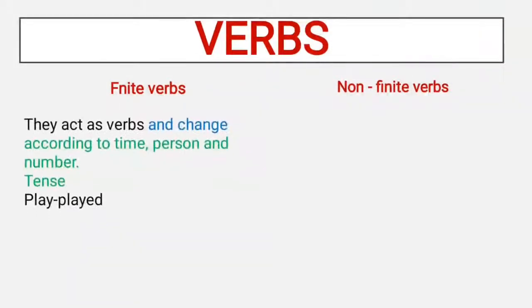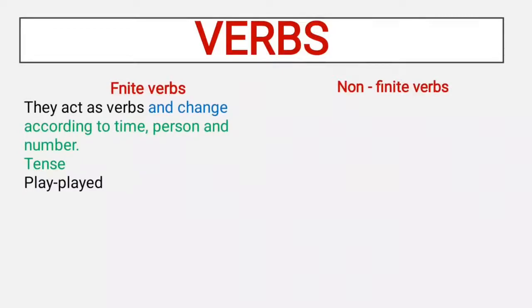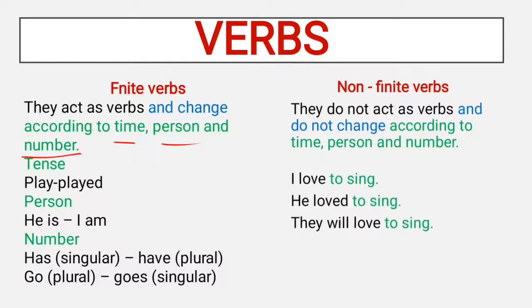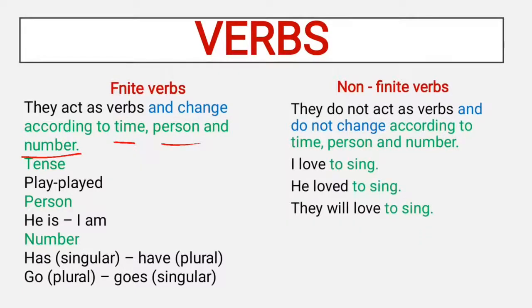Finite verbs act as verbs and change according to time, person, and number, whereas non-finite verbs do not act as verbs and do not change according to time, person, and number.